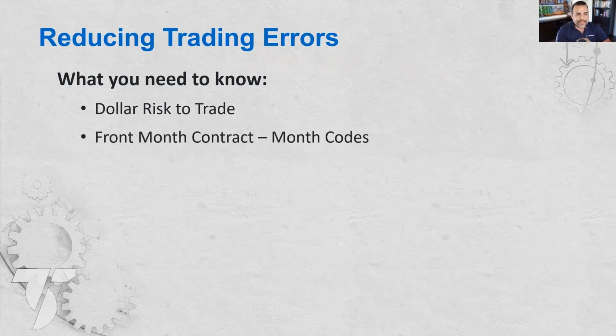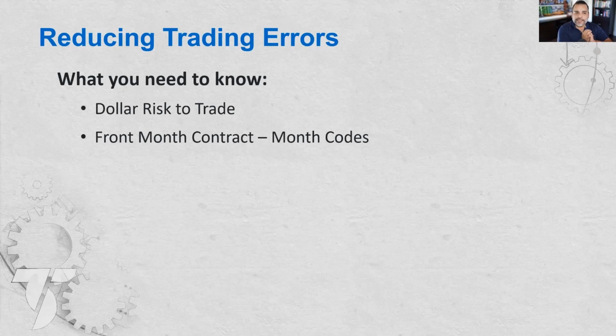Also, these futures contracts have a very specific lifespan. They have an expiration date. So we have month codes that you need to be aware of. This is very important because you want to be trading the futures contract that has the most liquidity, the one that is the front month.